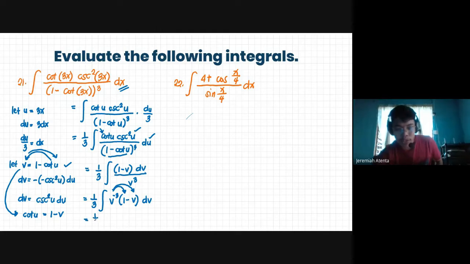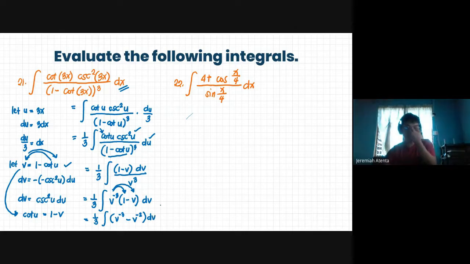This will become 1/3 integral of v to the negative 3 times 1 is v to the negative 3, minus v to the negative 3 times v. So that is negative 3 plus 1, and that is v to the negative 2. You just add the exponents, right?